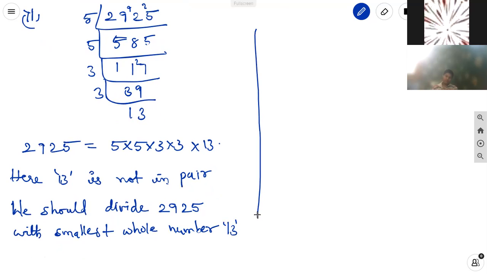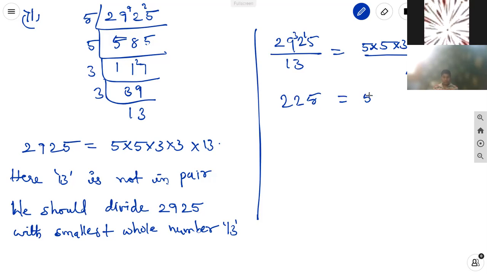Okay. So here 2925 divided by 13 is equal to 5 into 5 into 3 into 3 into 13 divided by 13. 13 ones are 13. 13 twos are 26, 3 is the remainder, 32. Again 13 twos are 26, 6 is the remainder. 13 fives are 65.